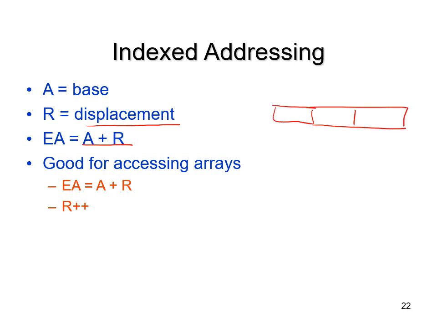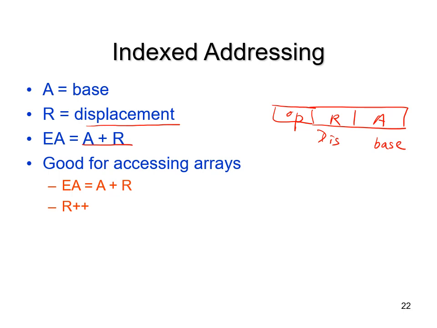For the instruction, we have the opcode, A and R. For the base addressing mode or index addressing mode, we specify R as the displacement and A as our base.